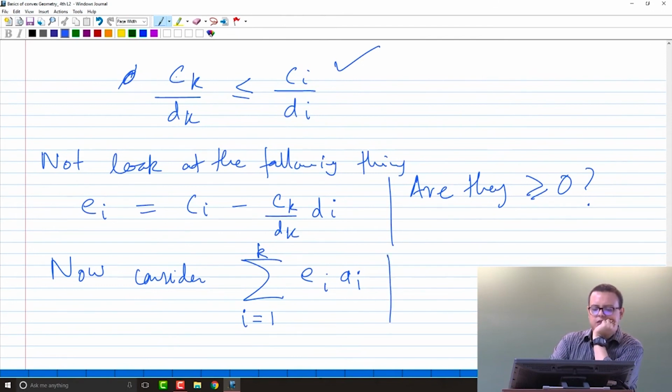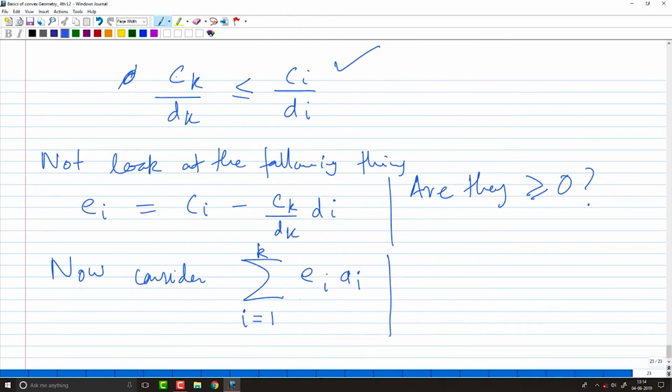In this, what will be the coefficient of ak? What is Ek? Ek is 0, right? Replace di with dk, and cancel Ck minus Ck. Okay? So, I can basically write this.